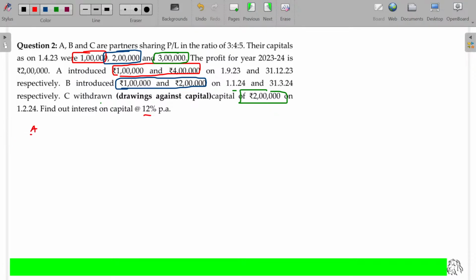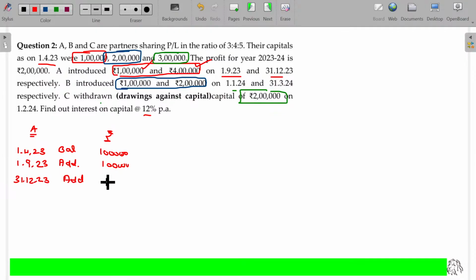Let's start with A. In case of A, initially on 1/4/23 the capital being 1 lakh, and another 1 lakh introduced on 1/9/23 as additional capital, and again another 4 lakhs on 31/12/23, additional capital 4 lakhs.